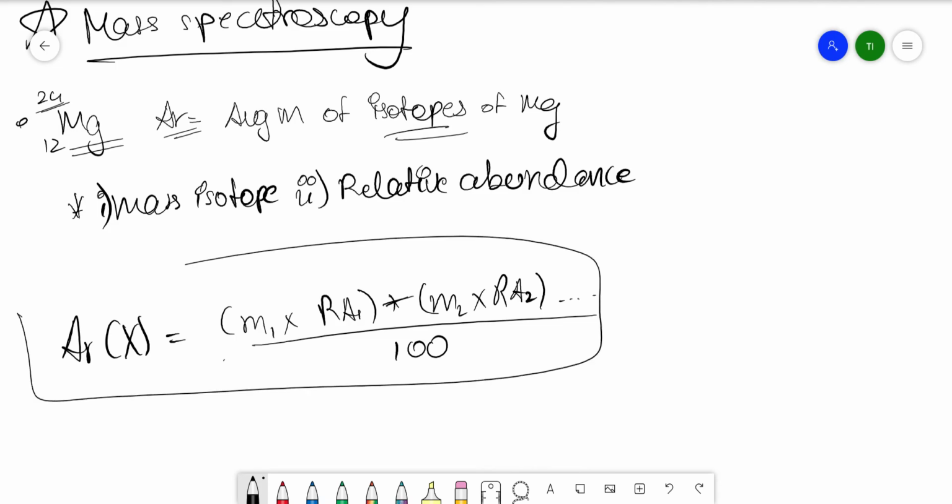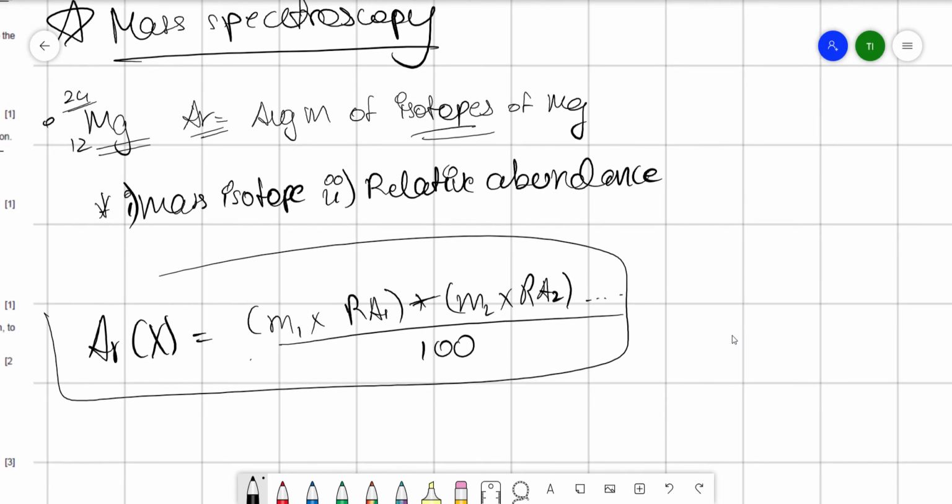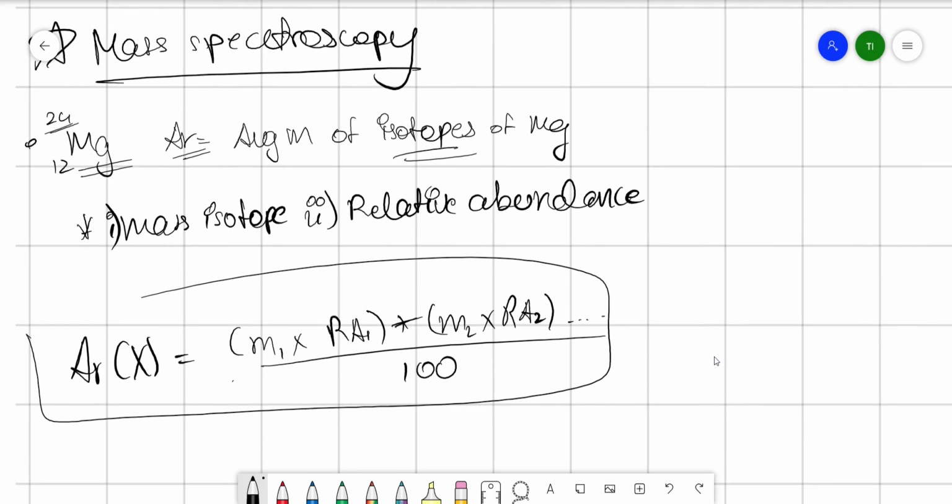This is an important formula that you have to keep in mind and should be able to use from time to time.